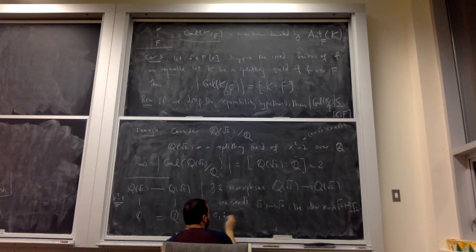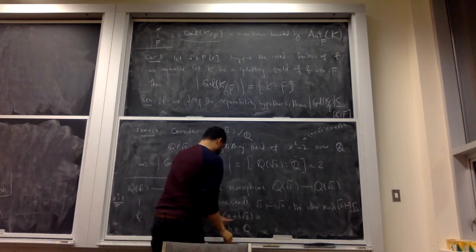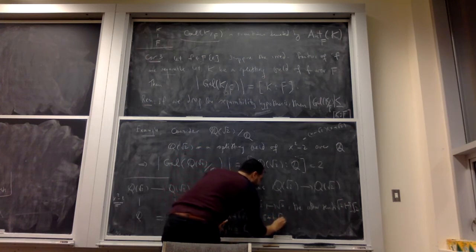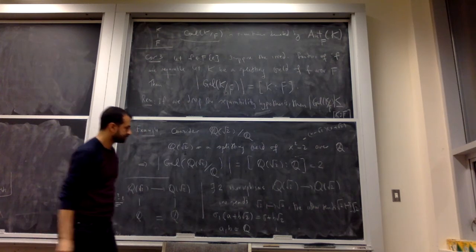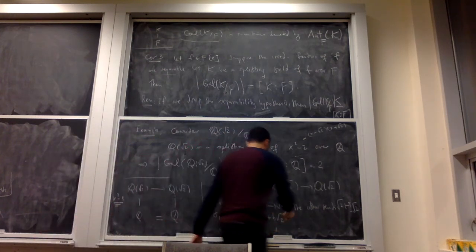This is given by the following formula. Remember, 1 and root 2 form a basis of this field over Q. Every element of this field is of the form A plus B root 2 for some unique A and B in Q. Sigma 1 of A plus B root 2, if sigma 1 sends root 2 to root 2, would be A plus B root 2. So sigma 1 is just the identity.